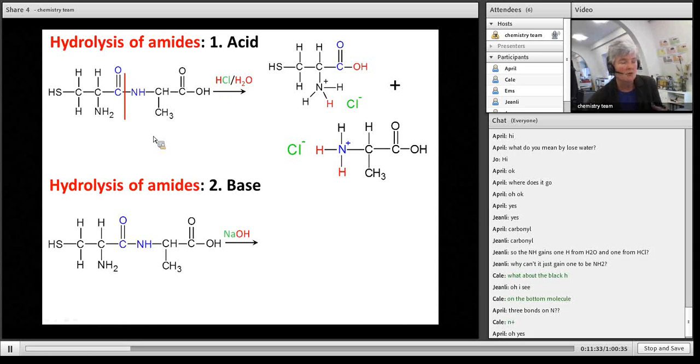So what we're trying to say is, when you're breaking up one of these condensation polymers, don't just focus on your peptide link or your ester link. You've also got to consider what else is in this molecule. You've got basic groups in this molecule, and you've got acidic groups in this molecule.